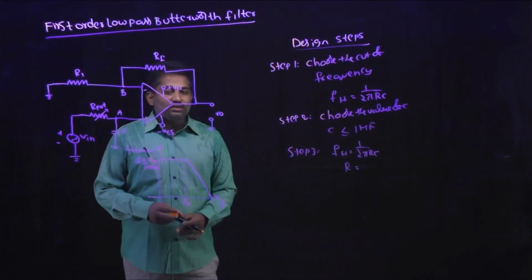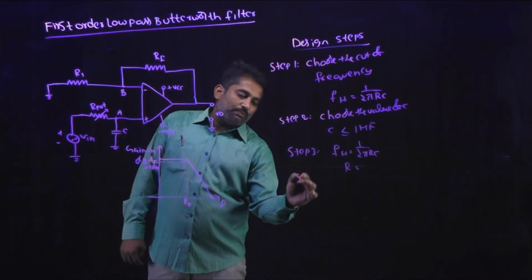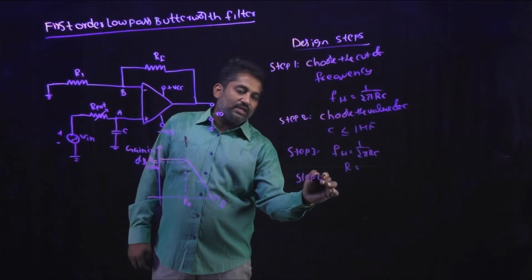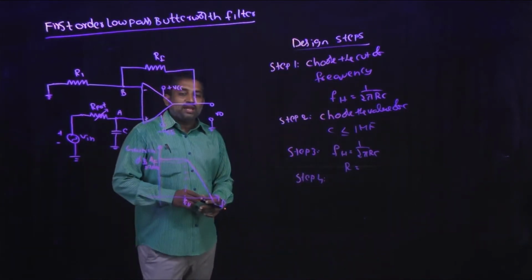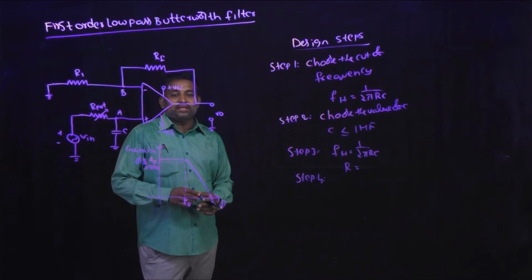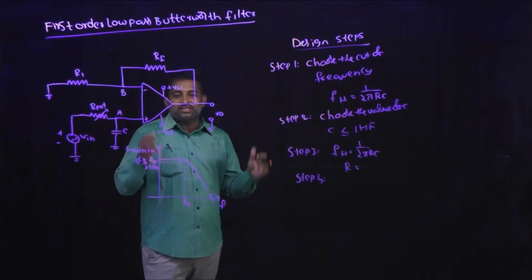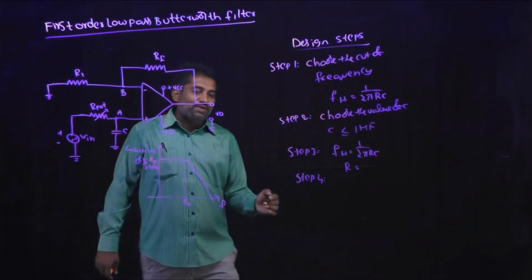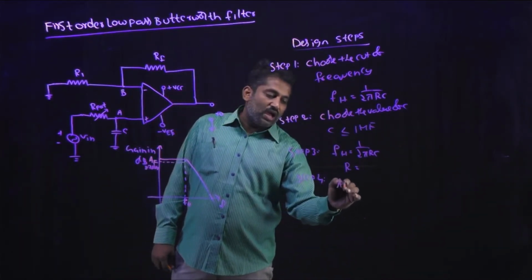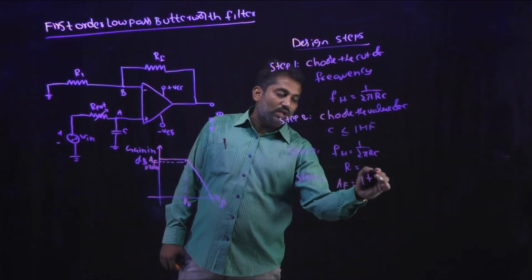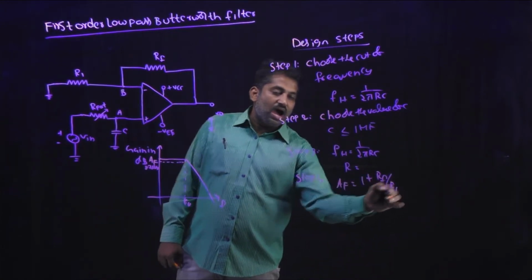And last but one step, step 4: the gain of the low pass filter is decided by the resistances RF and R1. Once in the problem they have given the value of AF, we all know that AF is equal to 1 plus RF divided by R1.